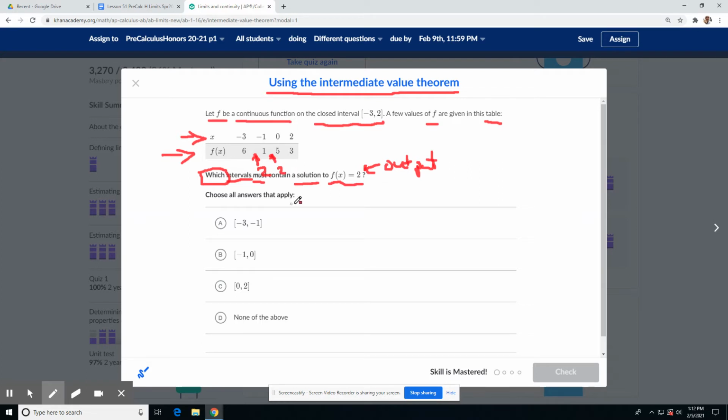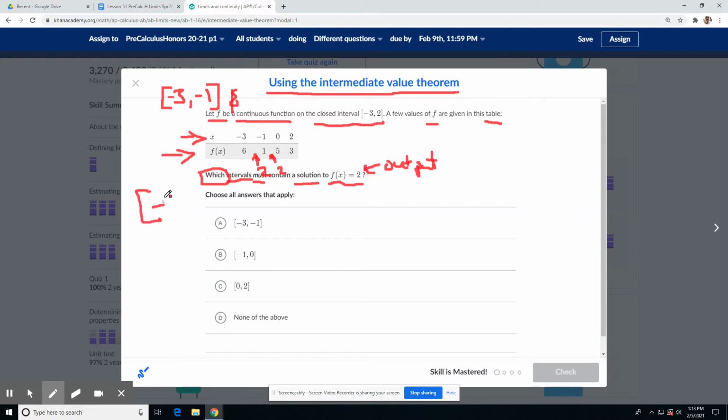So we're looking at the inputs, so between -3 and -1, that's the first one we see, or in union with, the other one is between -1 and 0.